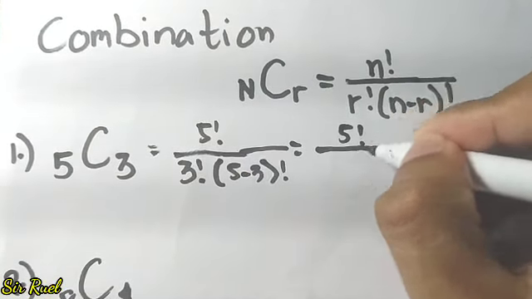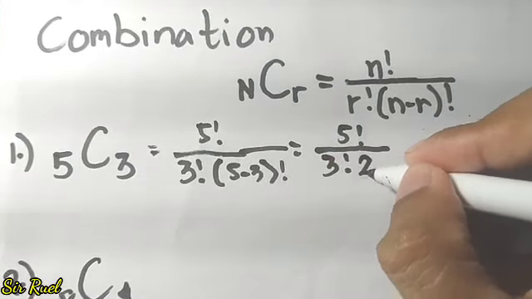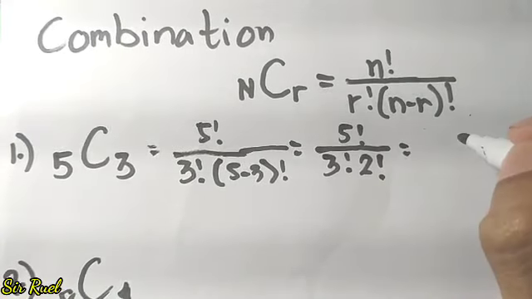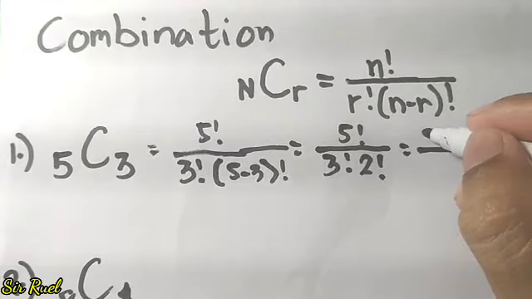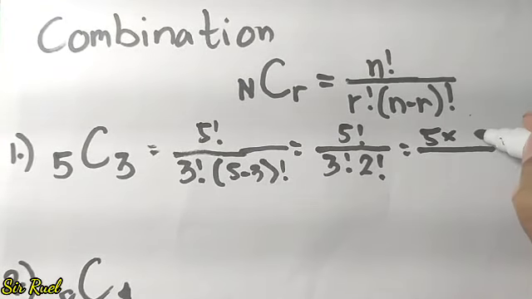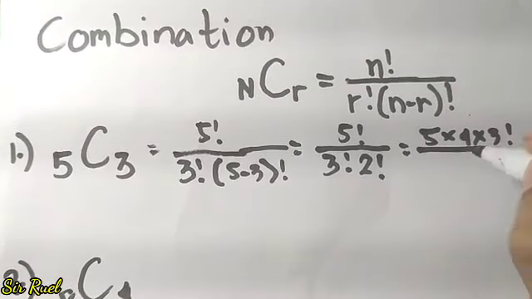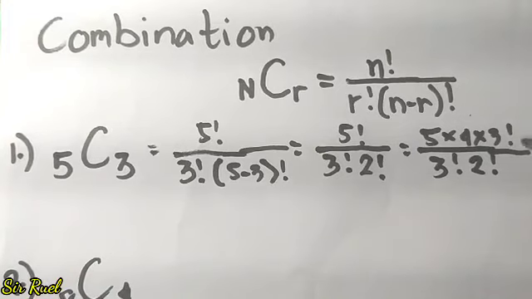Copy the 5 factorial and 3 factorial. 5 minus 3 is 2. Copy the factorial. Now we're going to expand the numerator: 5 times 4 times 3 factorial divided by 3 factorial and 2 factorial.